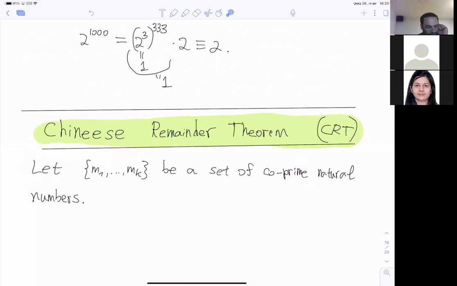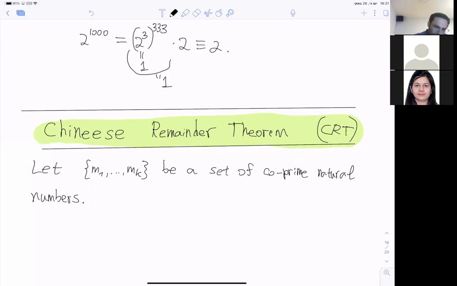I mean each two are coprime. Each two numbers, the GCD is 1. Of course it doesn't mean that these are primes. I mean, with respect to each other, they are coprime.